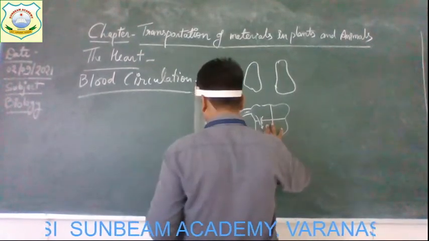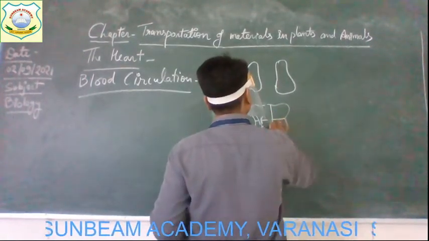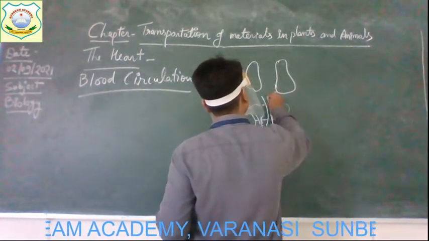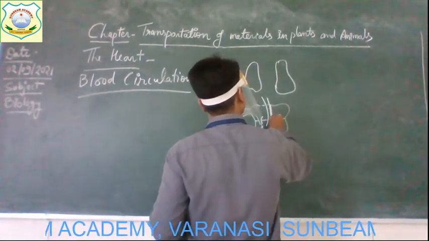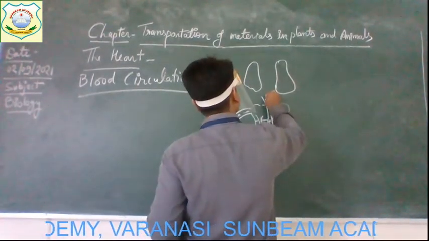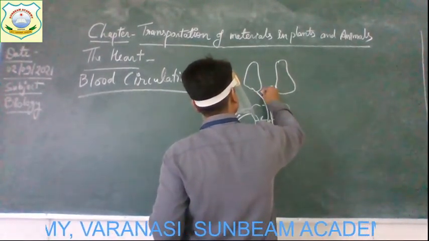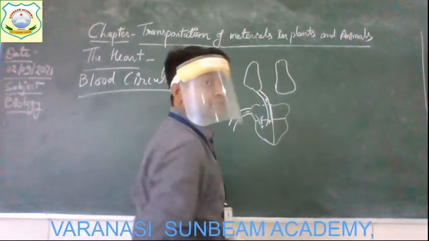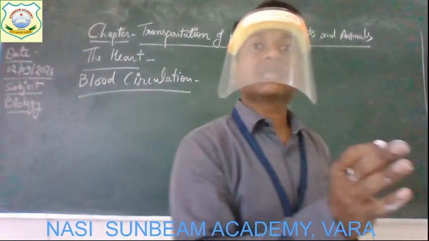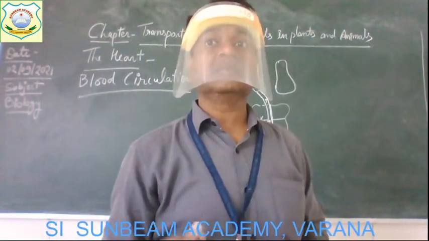Again from the right ventricle, it moves up, where? In the lungs. It goes to the lungs for removal of carbon dioxide and taking oxygen.